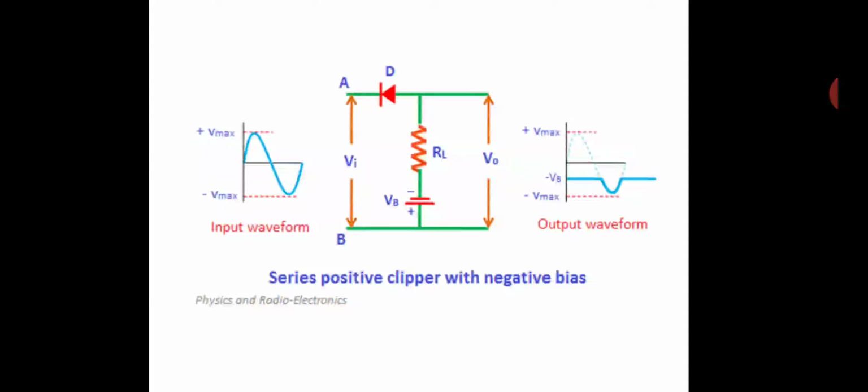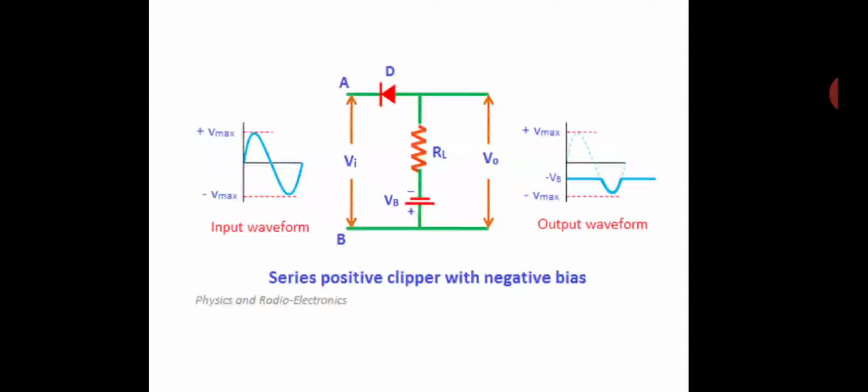How does it work? At first, when at point A Vi is positive, Vb is negative for the diode, and Vi is positive for the diode. So the diode is reverse biased by the input and reverse biased by the battery.